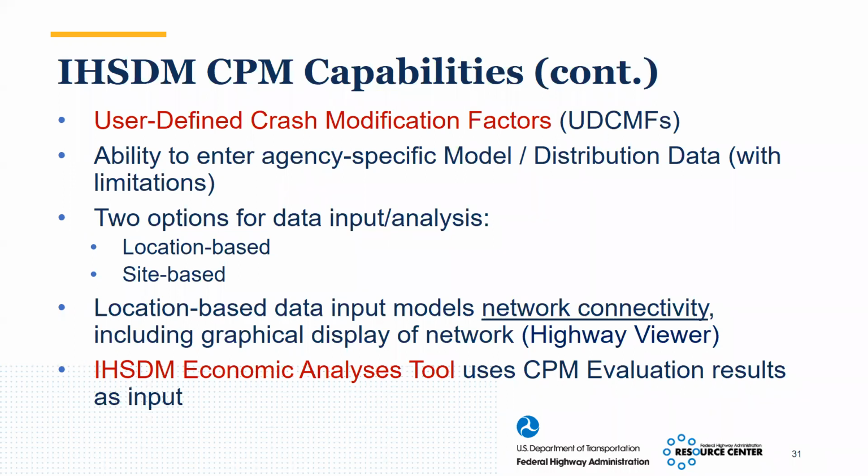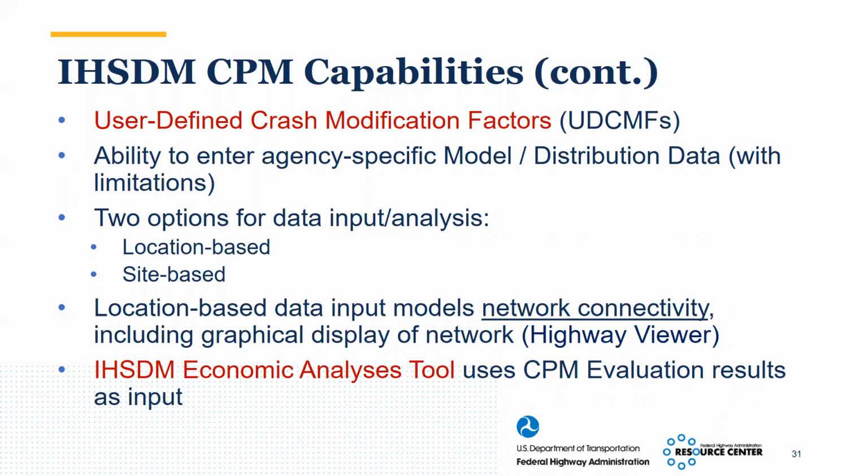Also, there are crash distributions listed in the Highway Safety Manual, such as a breakdown of different crash types and so on. If the state has better information than what's in the manual, they can input that in IHSDM. There are two options for data input and analysis, and we'll touch on both of these. We'll demonstrate both of these to you.